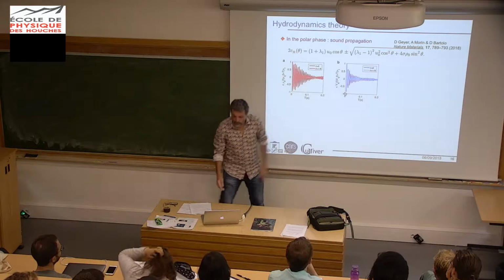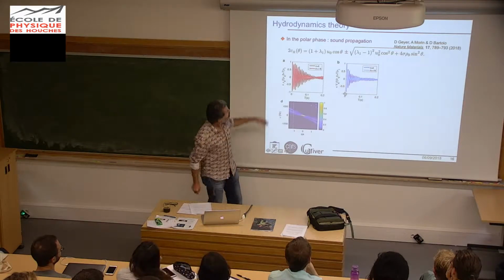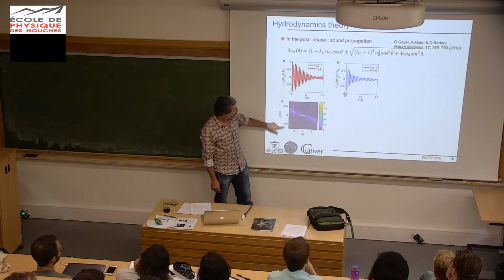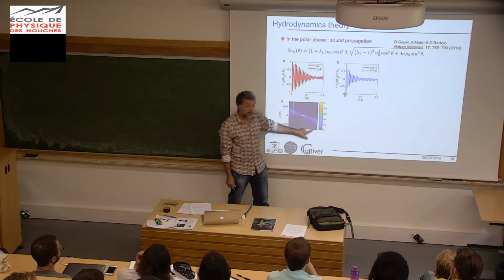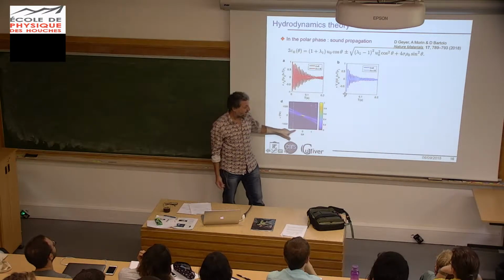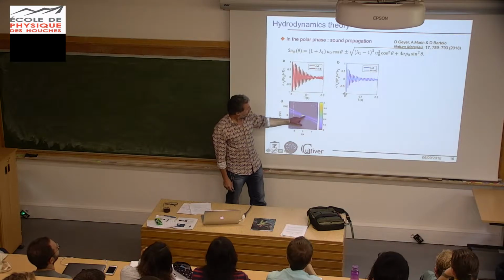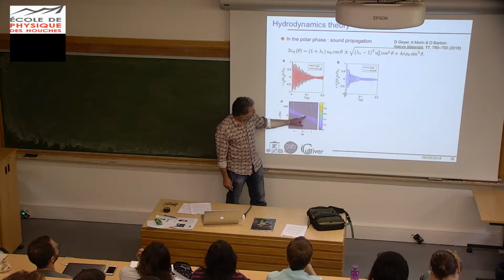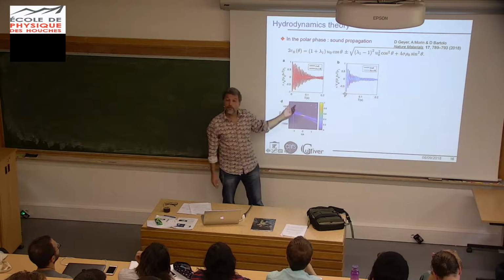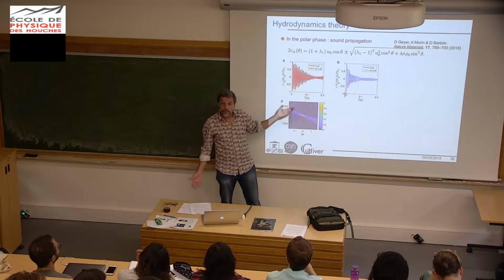And you can characterize this by looking in the full Fourier space. So these are frequencies, these are wave vectors, or rather the amplitude of wave vectors. And you see that you have indeed two branches, and for very small q you can linearize, and this is the sound speed.